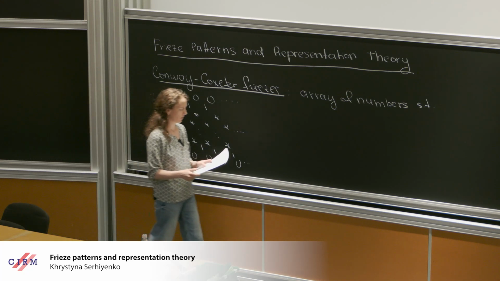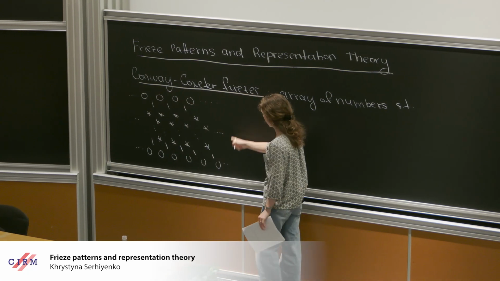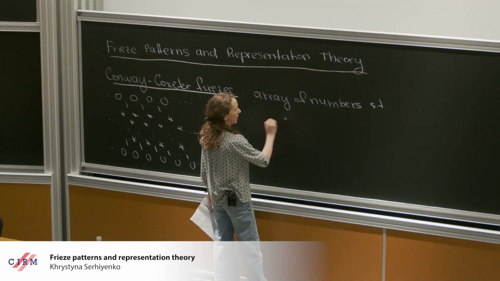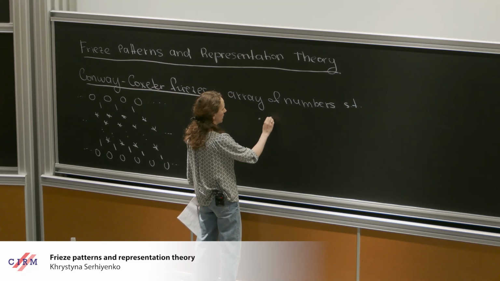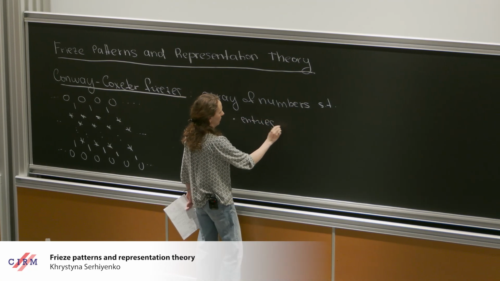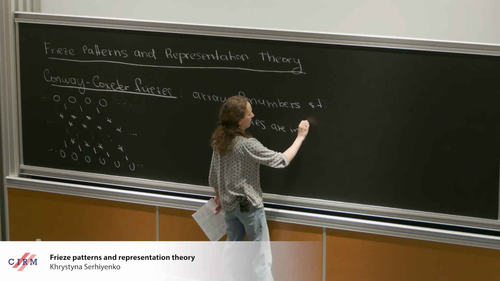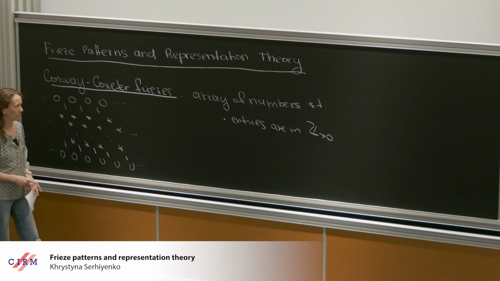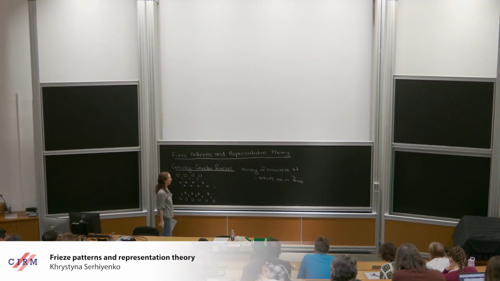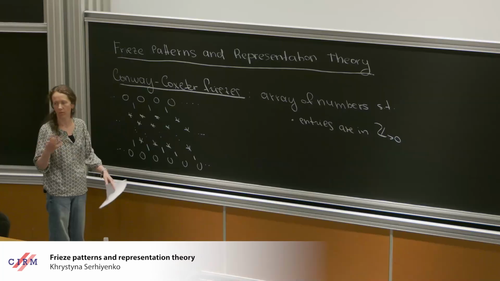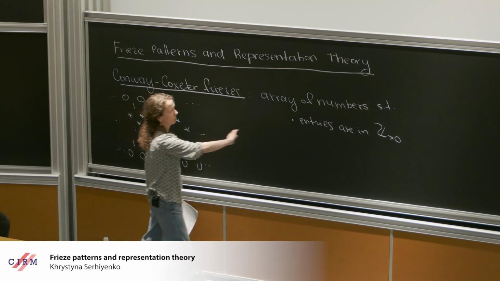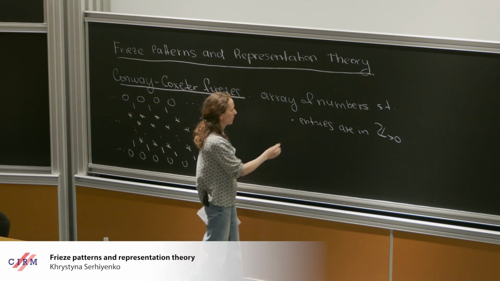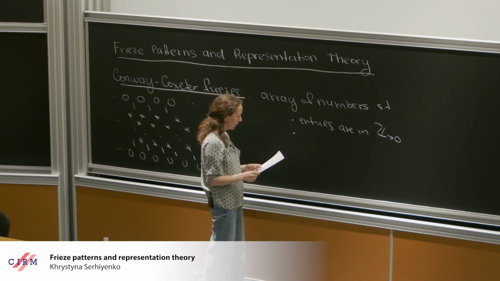And what are my conditions on this array? The first one is that entries are positive numbers. Later on, we'll assume that maybe entries are just integers, or more generally entries in some field or ring, but for now, let's say they're integers.